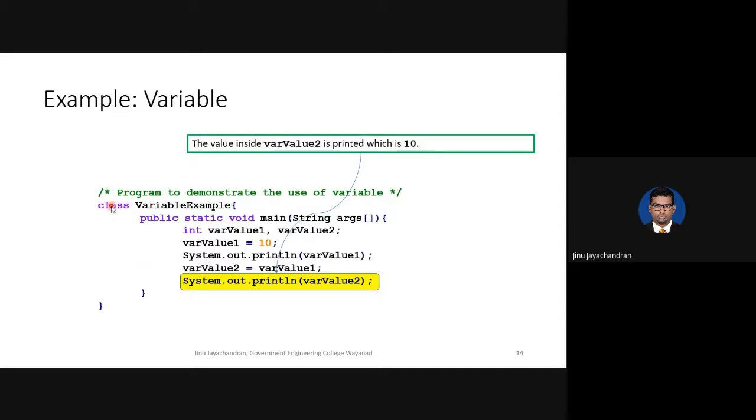So this is a simple program to demonstrate how a variable is declared in Java and how a variable is assigned a value. You can also assign a variable to another variable, so that the value of the variable on the right hand side will be copied to the variable on the left hand side.